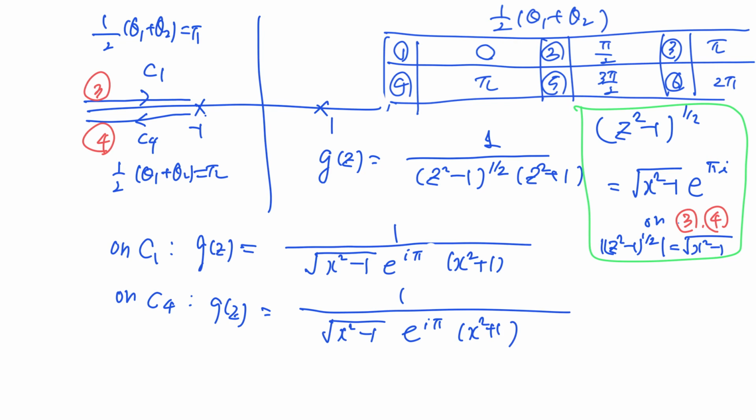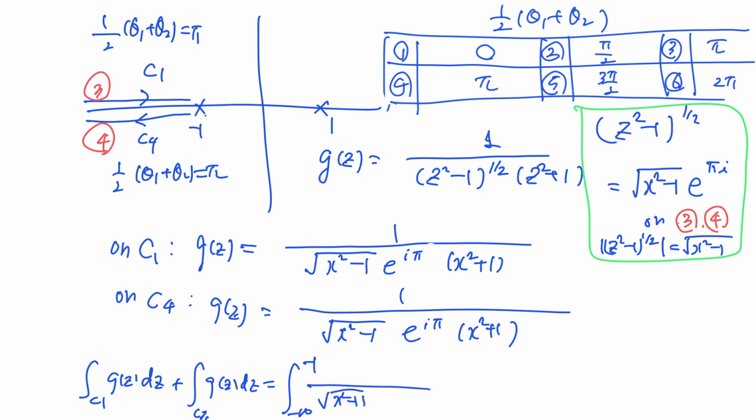So what happens if you add this integral together? It's C1 GZ plus C4 GZ dz. C1 is minus infinity to minus 1, square root of x square plus 1 exponential pi I, minus 1, x square plus 1, dx, plus C4 from minus 1 to infinity, right?